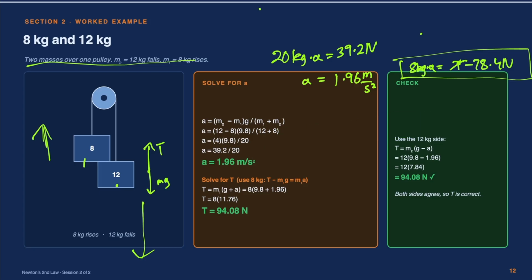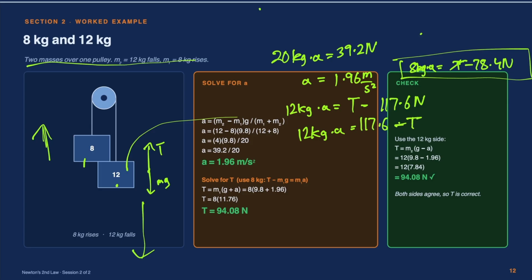And then if I wanted to solve for T, I could just substitute this value into either one, right? So let's look at this one. Remember the equation for this one was 12 kg times acceleration is equal to T minus 12 times 9.8. So that was, let me pull it back up, 117.6 newtons. And since we define acceleration for this as negative, this would have been 12 kg times A is equal to 117.6 minus T, right? Because acceleration here is falling, but I want to keep the same magnitude.